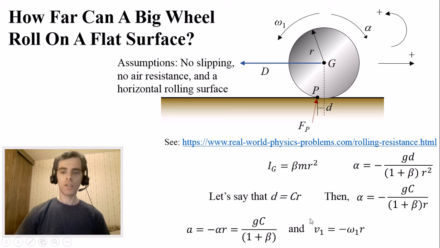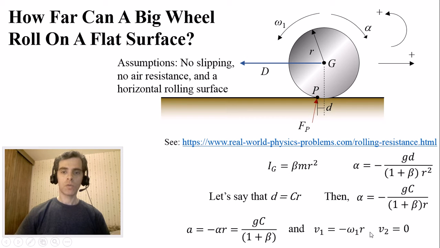And similarly, v1, which is the initial linear velocity of the wheel at point G, is equal to negative omega 1 times r. So again, omega 1 is the initial angular velocity of the wheel.